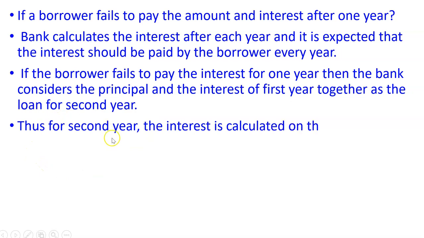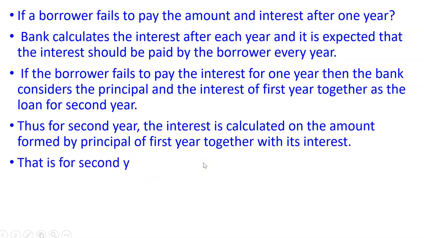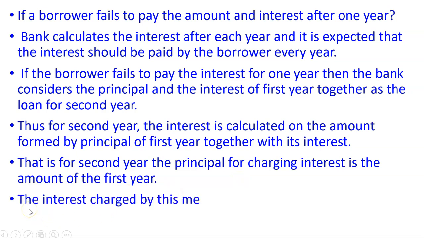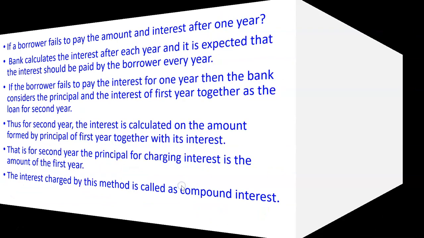Thus, for the second year, the interest is calculated on the amount formed by the principal of the first year together with its interest. That is, for the second year, the principal for charging the interest is the amount of the first year. The interest charged by this method is called compound interest.